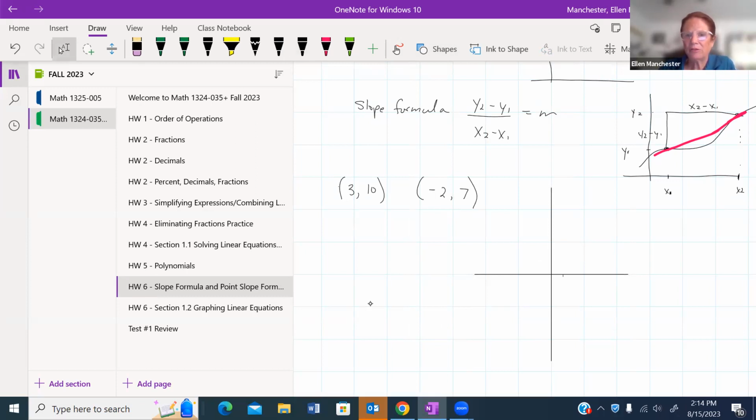I'll put in lines here, 3 over and 10 up. I'm going to pretend with me. So 3 over and 10 up. This is our first point. And our second point is at -2, 7. So 1, 2, 3, 4, 5, 6, 7.